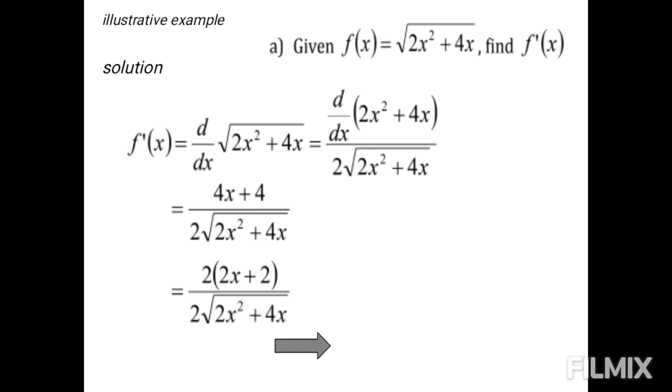Then we can simplify it as 2 times the quantity 2x plus 2 all over 2 square root of 2x squared plus 4x. We need to cancel those two constants, or the number 2's here. And the answer for the derivative will be the quantity 2x plus 2 over the square root of 2x squared plus 4x. And this will be our answer.